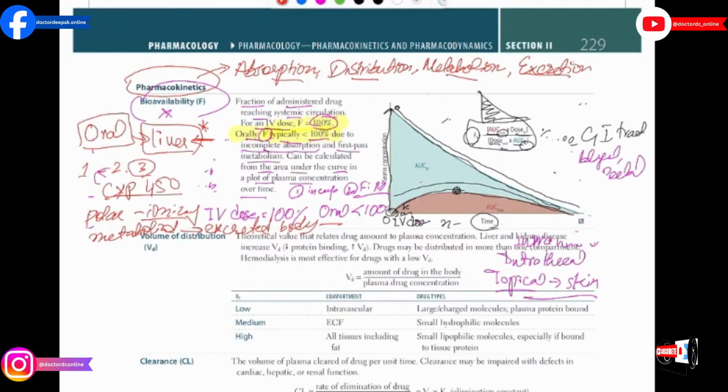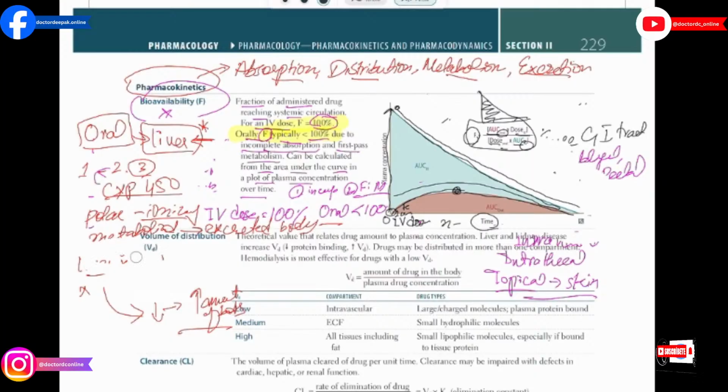If a patient has liver disease, the liver is not working well. So when the drug goes to the liver, it will not face the usual metabolic reactions, so metabolism will be decreased and the amount in the body will be increased. So one of the clinical statements: first pass metabolism can be reduced in patients with liver disease. Fine?